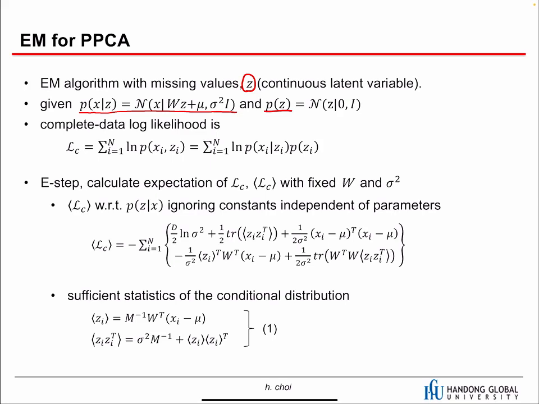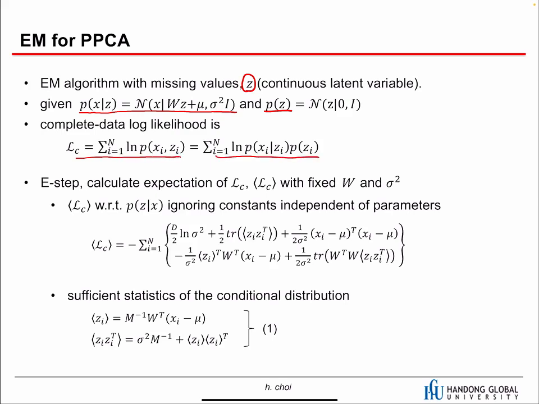Do you remember in the k-means algorithm or mixture of Gaussians, we actually assumed that we know which component the data sample belongs to. Then we updated it, and after updating, we reassigned and updated again. We iteratively did that. So for now, let's assume that z is given. Then the complete data log likelihood is like this.